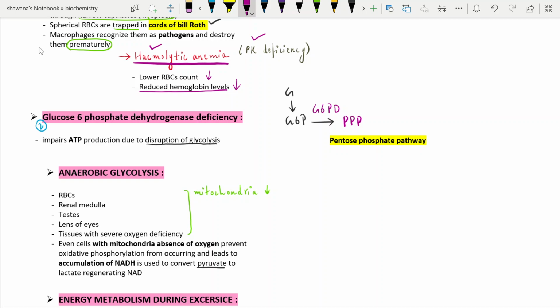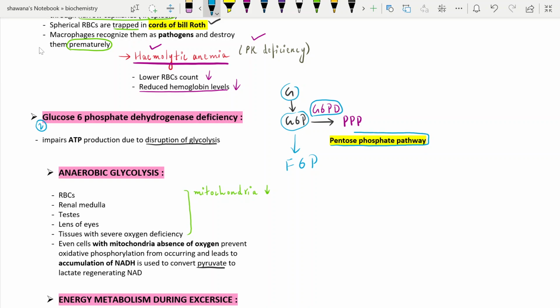The second enzyme deficiency is known as glucose 6-phosphate dehydrogenase deficiency. In the conversion of glucose to glucose 6-phosphate, after that it must be converted to fructose 6-phosphate, and here glycolysis is going on. But this enzyme, glucose 6-phosphate dehydrogenase, converts the glucose 6-phosphate and diverts it into the pentose phosphate pathway.